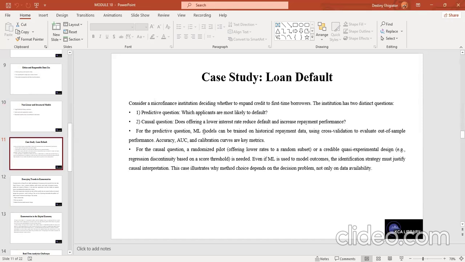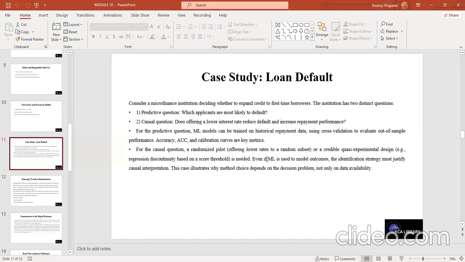For the predictive question, ML models can be trained on historical repayment data using cross-validation to evaluate out-of-sample performance. Accuracy, AUC, and calibration curves are the key metrics here. For the causal question, a randomized pilot, that is offering lower rates to random subjects, or a credible quasi-experimental design, e.g., regression discontinuity based on a score threshold, is needed.